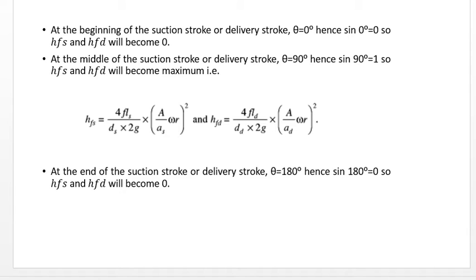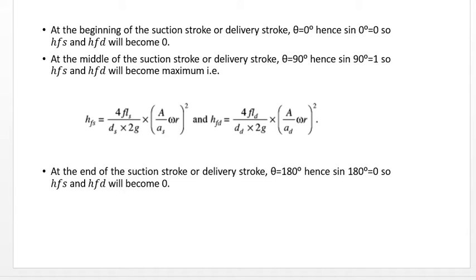But again, at the end of the suction or delivery stroke, θ will be 180 degrees. How these values of θ change, we had discussed in the last videos: at the beginning of any stroke θ is 0 degrees, at the middle of the stroke θ will be 90 degrees, and at the end of any stroke, that can be suction or delivery, θ will be 180 degrees.